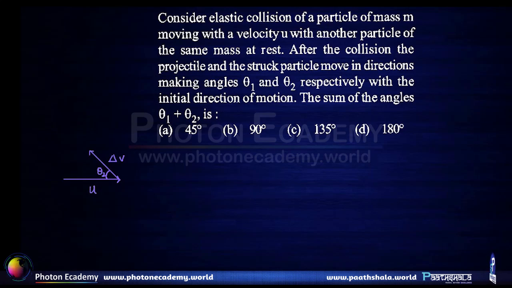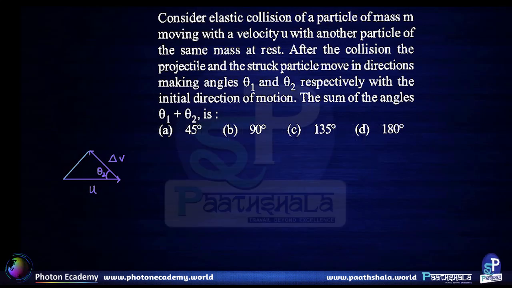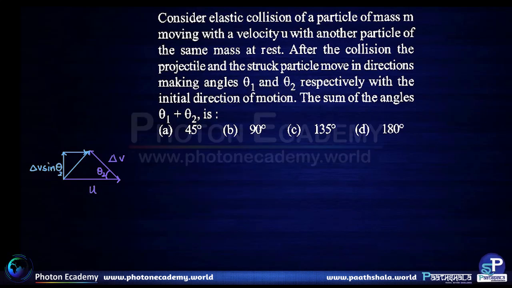So the resultant velocity would have vertical and horizontal components, where the vertical component is delta v sin θ2 and the horizontal component is u minus delta v cos θ2, and this angle is θ1.